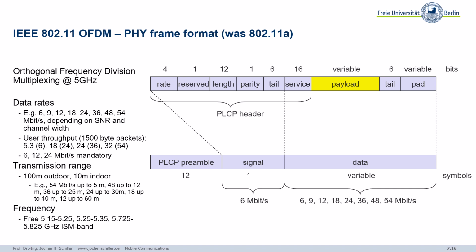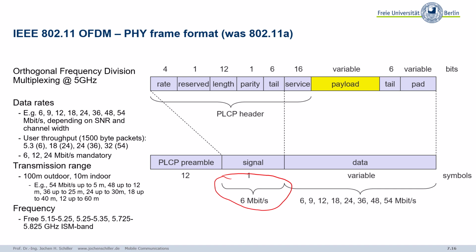So 11a uses OFDM. You learned a bit about this already. OFDM, orthogonal frequency division multiplexing, now operating above 5 gigahertz. Okay, higher carrier frequency. So how do the packets look? Again, we have a certain preamble, and then we start with 6 megabit per second.